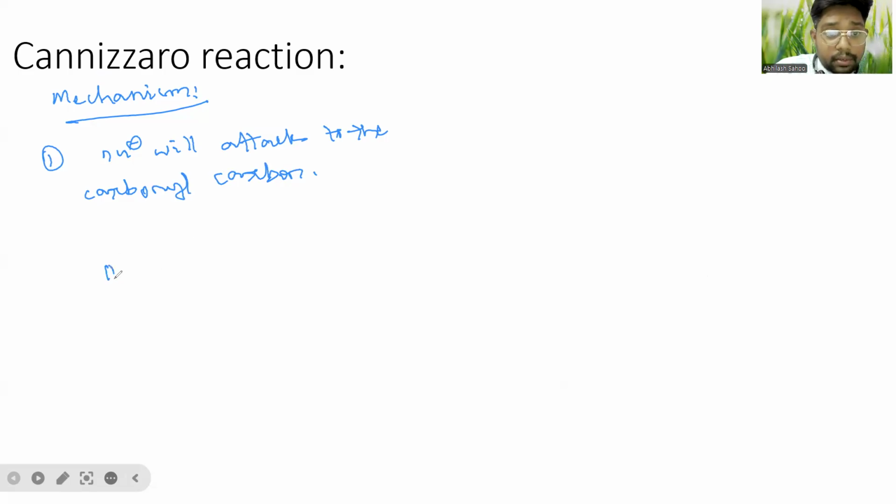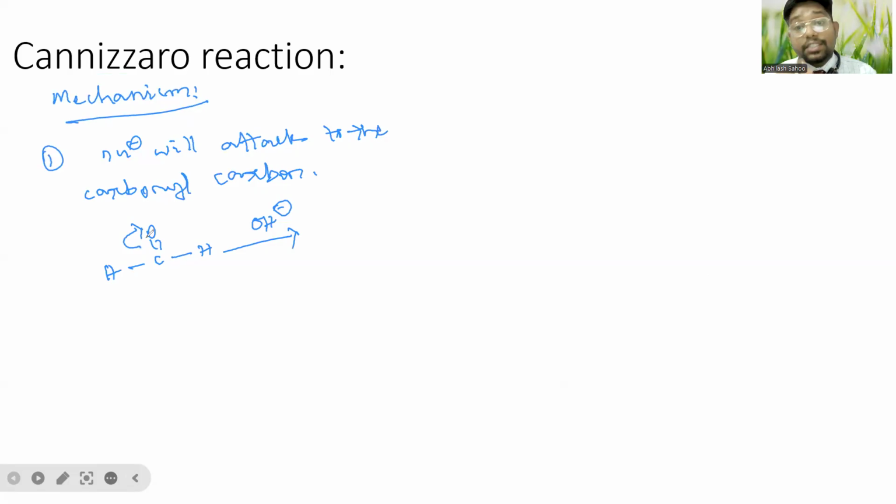So here, if you see, what we have taken initially is formaldehyde. Sodium hydroxide will be separated into Na plus and OH minus, and that OH minus will act as a base. And what does a base generally do? Base abstracts proton. Which proton? Active proton. What is active proton?